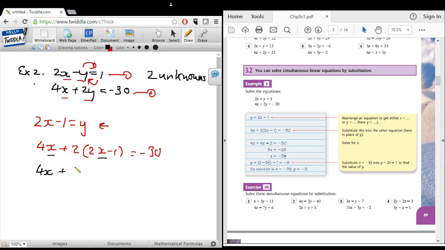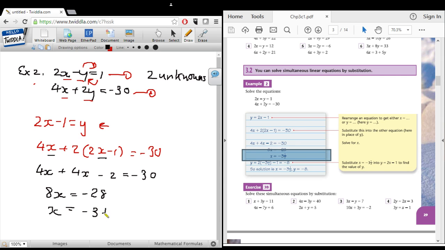Now expansion for x, we have minus 2 equals minus 30. Again, we have 8x, takes to the other side, we have minus 28, and then as the answer suggests here, we're going to have a fraction, minus 3/2, which also equals 7/2. Very simple, very straightforward.